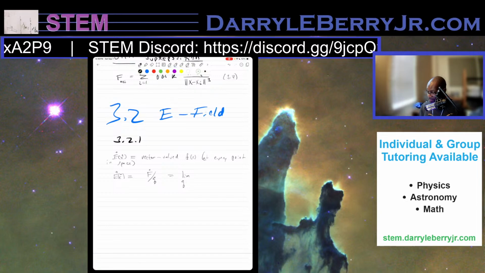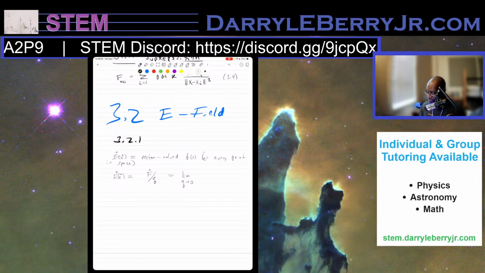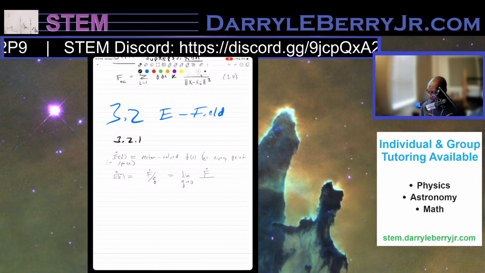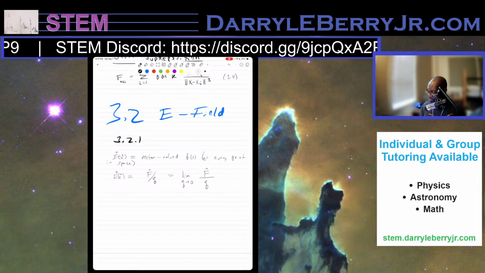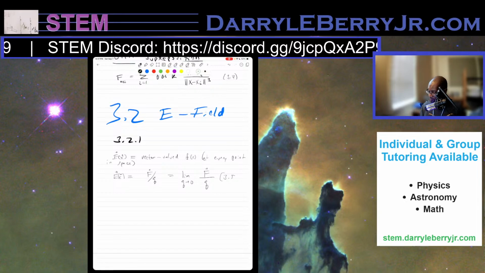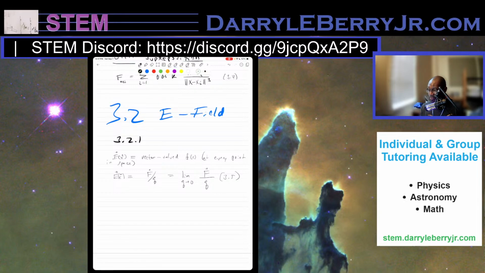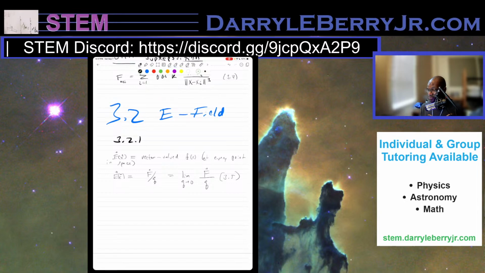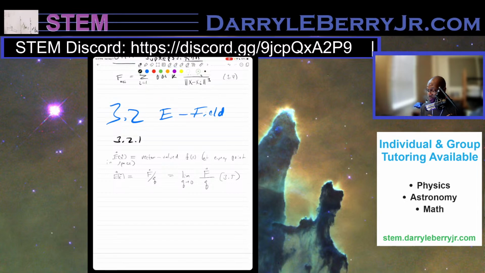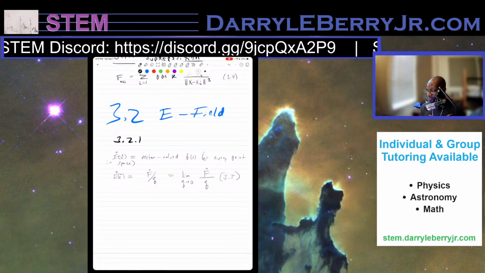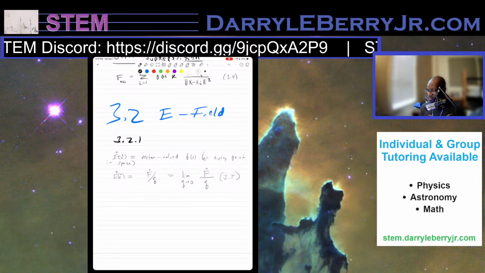I'm not sure why Q would approach 0, but I'm sure that's not so necessary at the moment. This test charge is taken to be small so that it does not affect the other charges. Because the force F on Q is proportional to Q, the electric field is independent of the test charge.